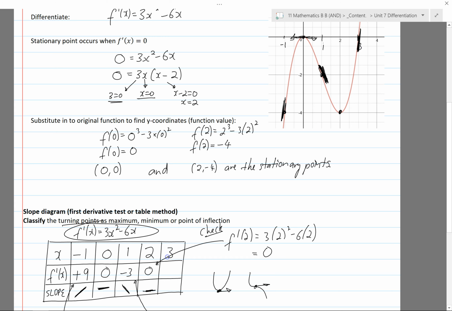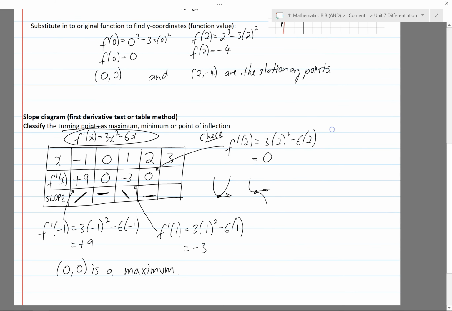So I'll put 3 in here and I can find what the slope is. Substitute these values in. Get a slope of 9. I don't really care about the number, just that it's positive.